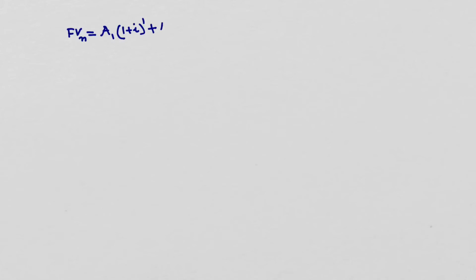Now the second amount is A2, and this time it will be squared. A3, and it would be cubed. Now so on, depending on the number of years. So we can therefore write AN. N could be any number. It could be 3 years, 4 years, 5 years, 10 years.